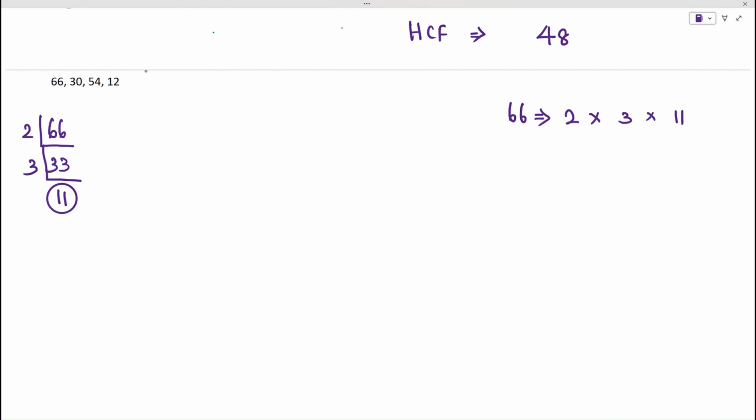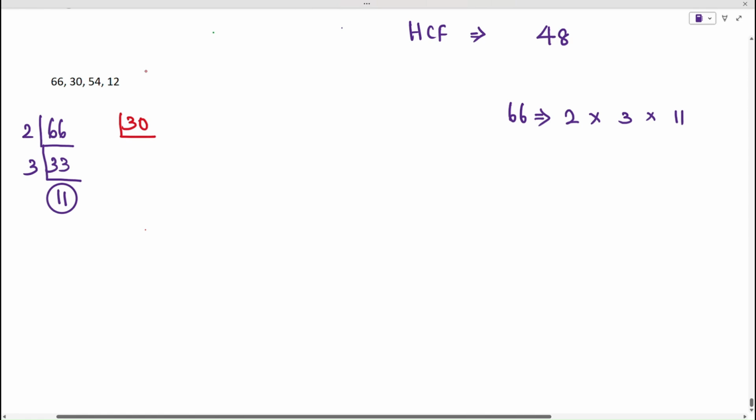Next we'll move on to 30. So 30 is an even number. We can divide it by 2 and this gives us 15. 15 here is easy to see, it's a multiple of 5. So we can divide this by 5 and we're left with 3. Now 3 is a prime number, so we can stop here and we can write out 30 as a product of its primes.